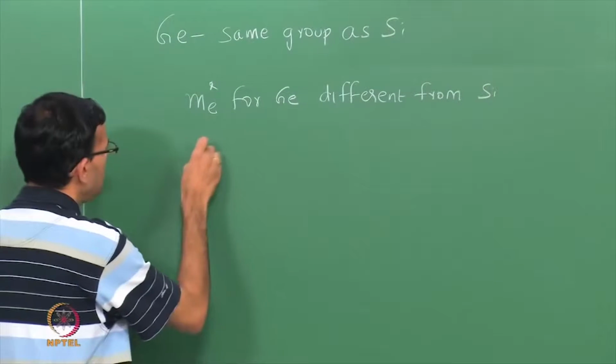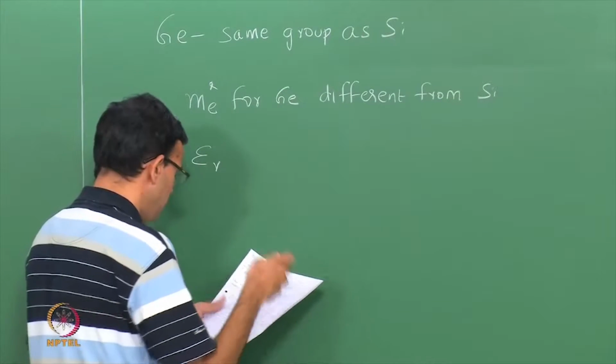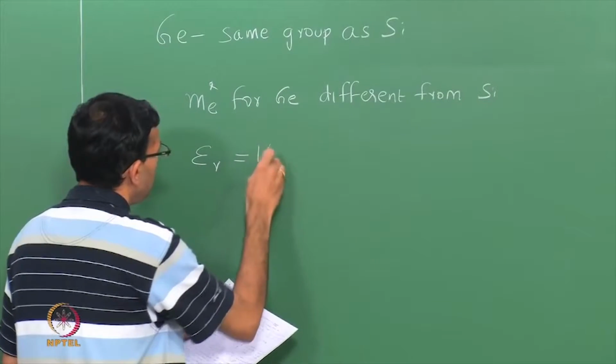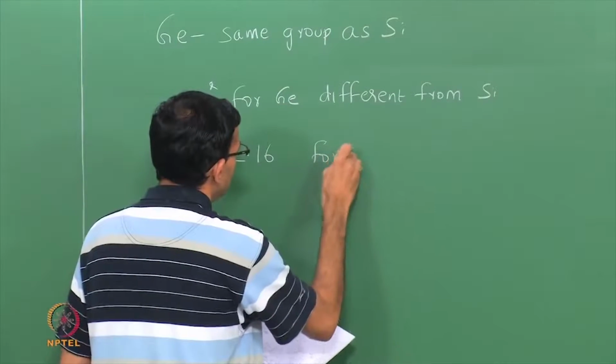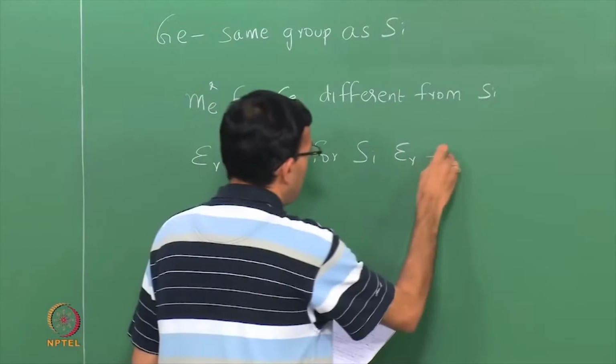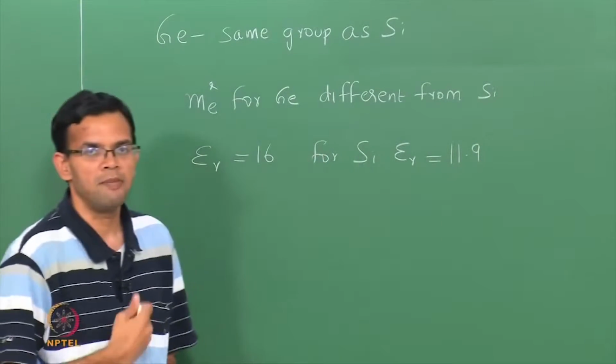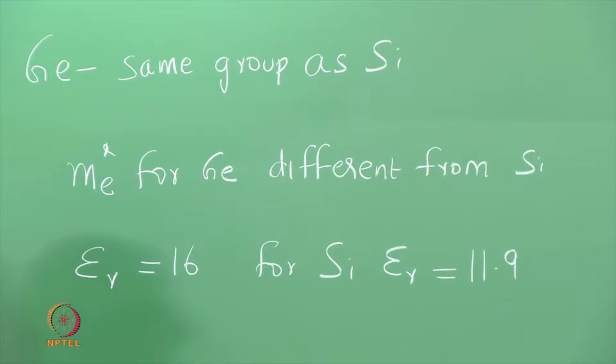And similarly, your relative permittivity for germanium, the value is around 16, while for silicon epsilon r is around 11.9. But we can use the same hydrogenic model in order to calculate the ionization energies.